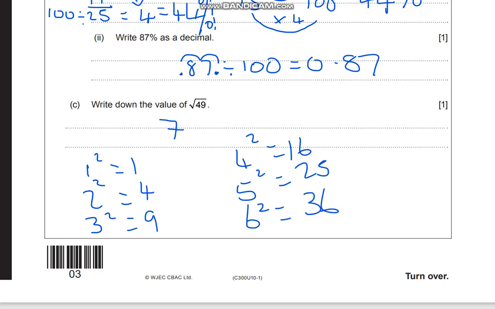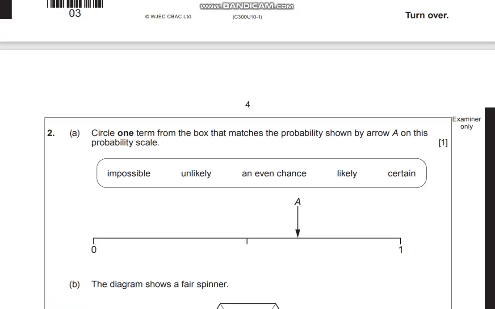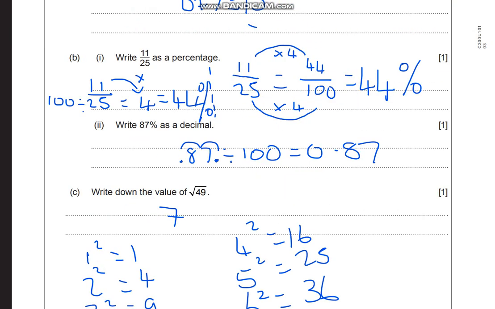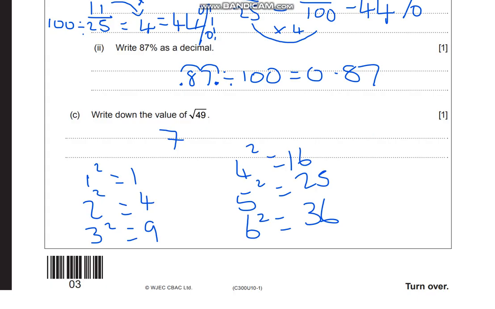And 7 squared equals 49. So we've got our square number, and we're doing the opposite of squaring to find the number that we square to get the 49. So square root of 49 equals 7.